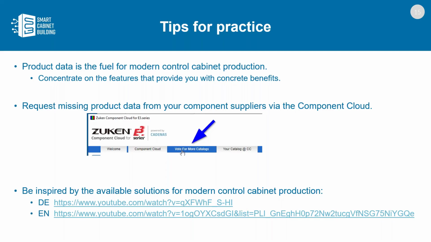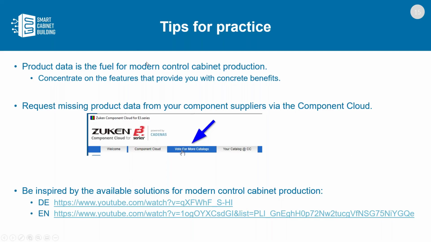Don't care about data you don't use, you don't need. So focus on that data you really need. If you want the mechanical production, then look for the cutouts and the drill holes. And if you want to do the wire processing, then care about your crimp part definition and pin information for cross section and wire counts.